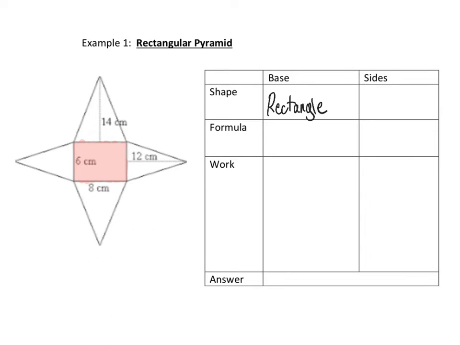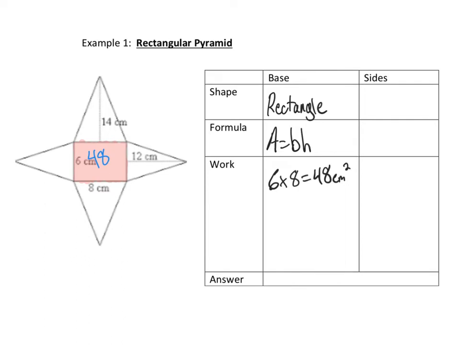The formula for the area of a rectangle was area equals base times height. And now we need to show our work of finding it. So for base times height, I'm going to multiply 6 times 8. And 6 times 8 gives us 48. It'd be centimeters squared.